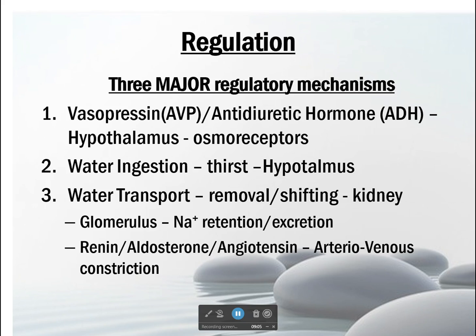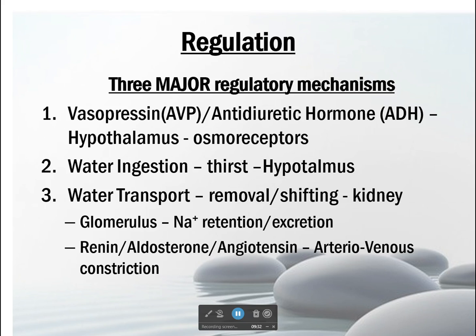So the glomerulus, in response to antidiuretic hormone, will then retain sodium and excrete water. This is what we mean by water transport: either retain sodium, excrete sodium, retain fluid, or excrete fluid.